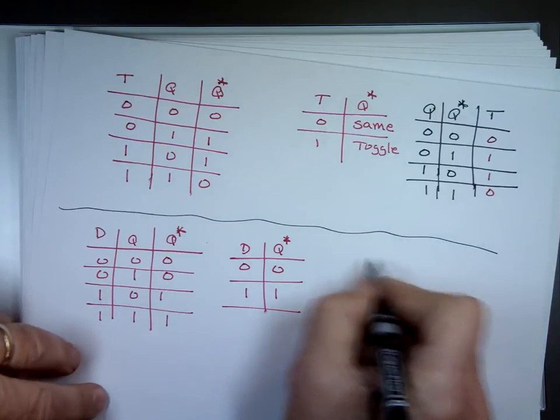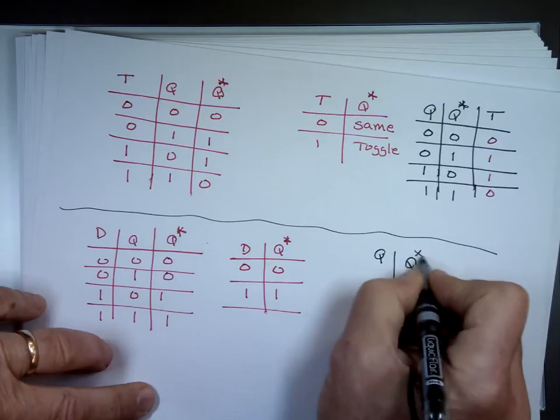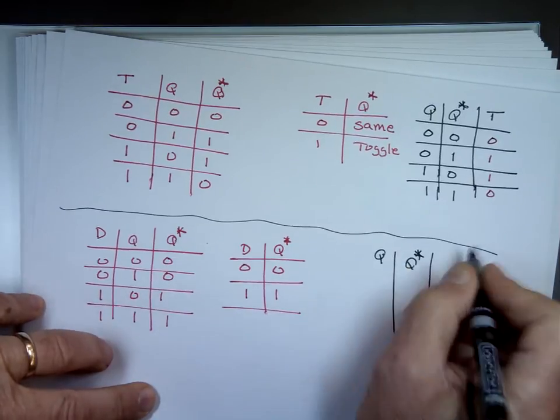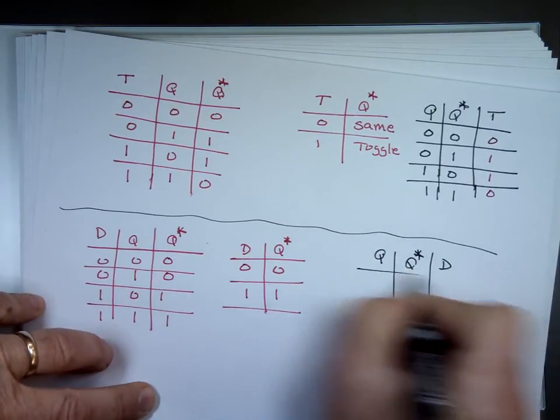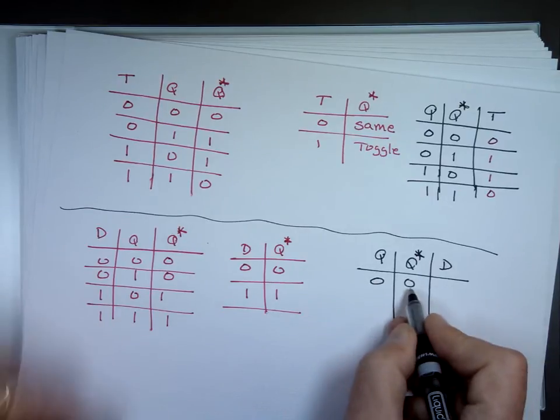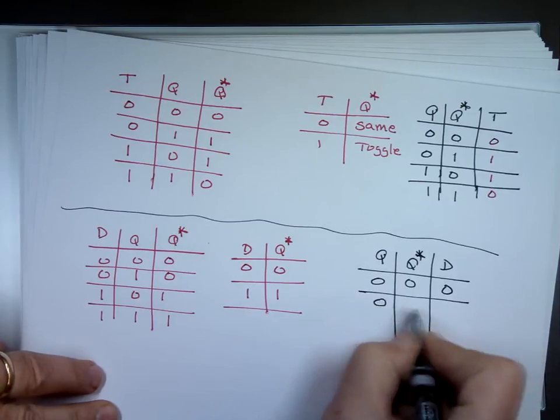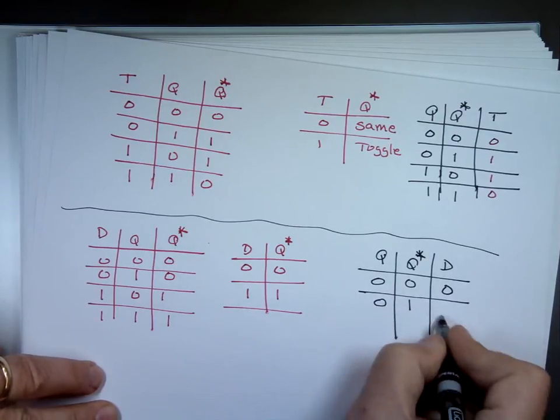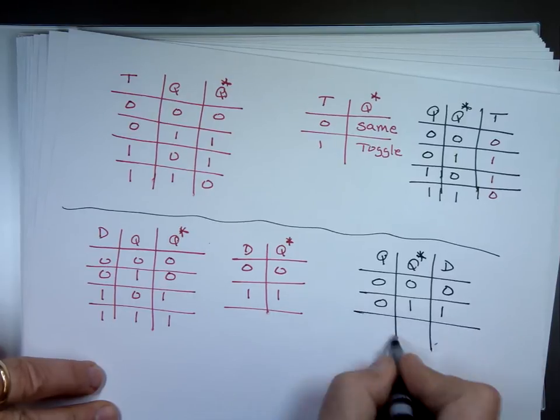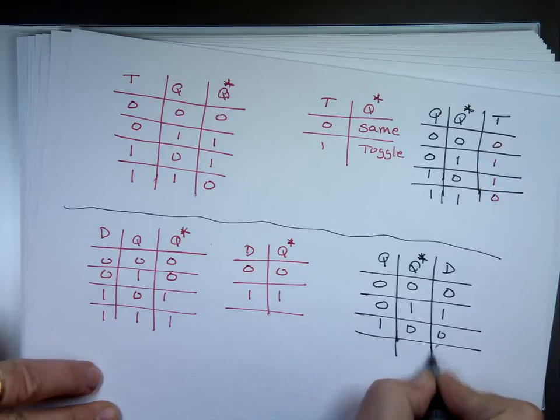So here we go. Q, Q naught, and what should D be? 0 to 0. If you go into 0, D will have to be what? 0. From 0 to 1, D will have to be 1. 1 to 0, D will have to be 0.